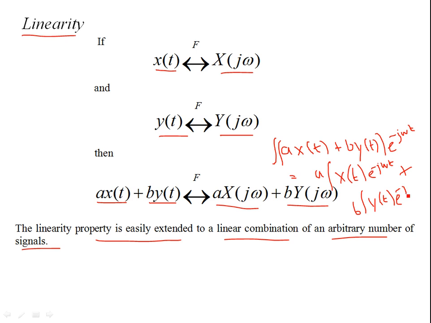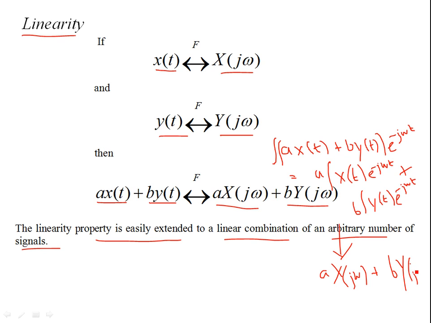You see these two integrations are the Fourier transforms of the signals x(t) and y(t). Therefore, the result is a X(jω) plus b Y(jω).